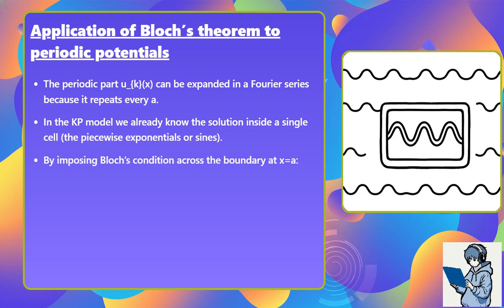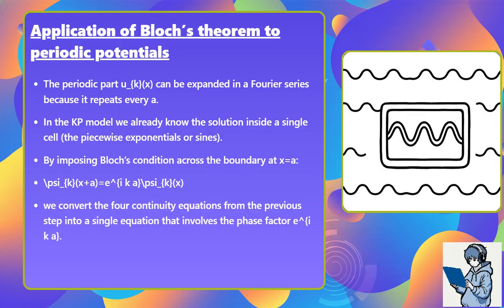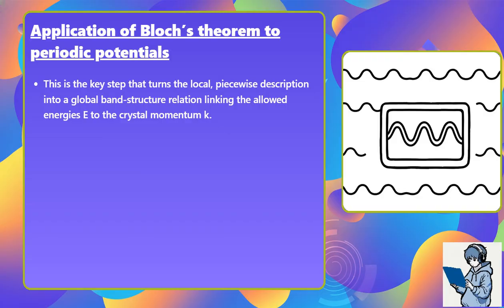By imposing Bloch's condition across the boundary at x equals a, ψ_k(x + a) equals e^(ika) times ψ_k(x). We convert the four continuity equations from the previous step into a single equation that involves the phase factor e^(ika). This is the key step that turns the local, piecewise description into a global band structure relation linking the allowed energies E to the crystal momentum k.